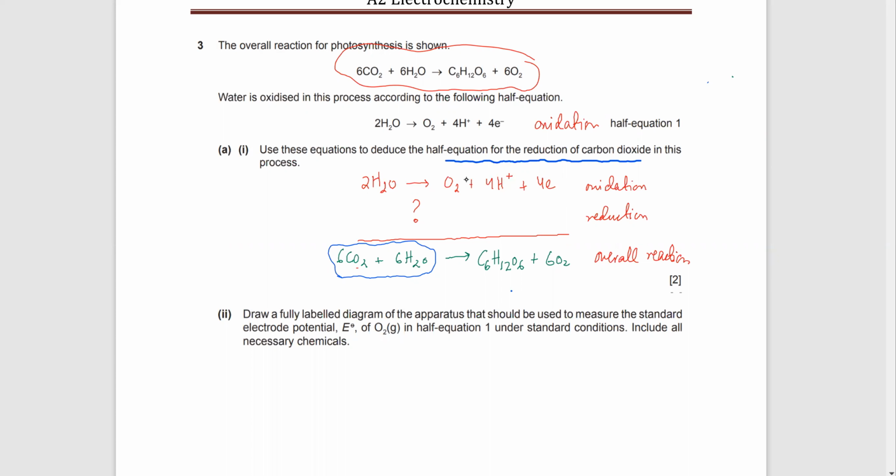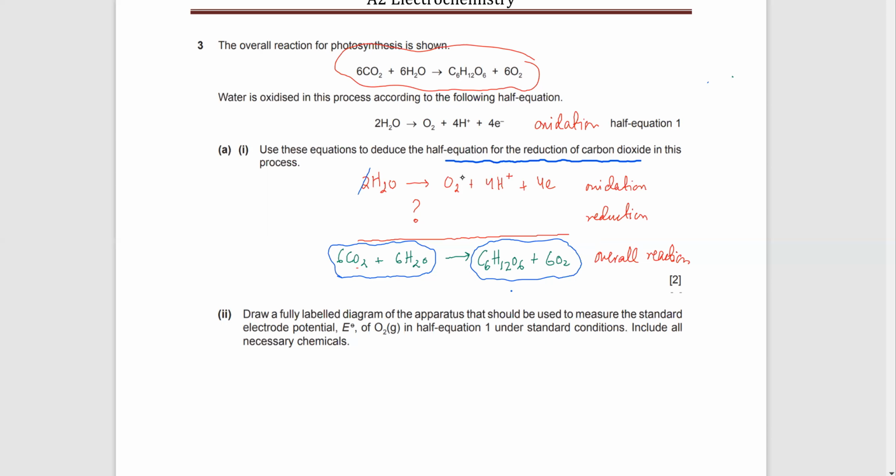Now in your overall equation, one thing that you should notice is that there are 6 oxygens being formed in the products. So I need to multiply this equation by 6, because my overall reaction has 6 oxygens, so one of my equations should have 6 O2. So I'm going to multiply this by 6.